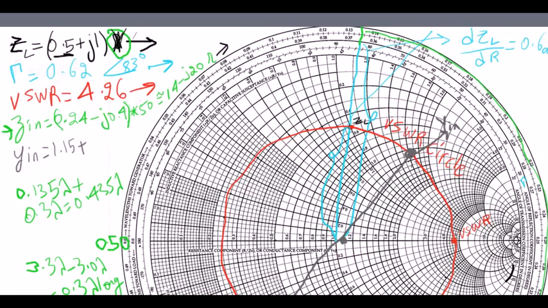The circle is a bit thick, so we can assume 1.7, so j1.7. Now again, it's very important to note that this is a normalized value, and it's logical that we need to do something about this to get the actual final value for admittance.